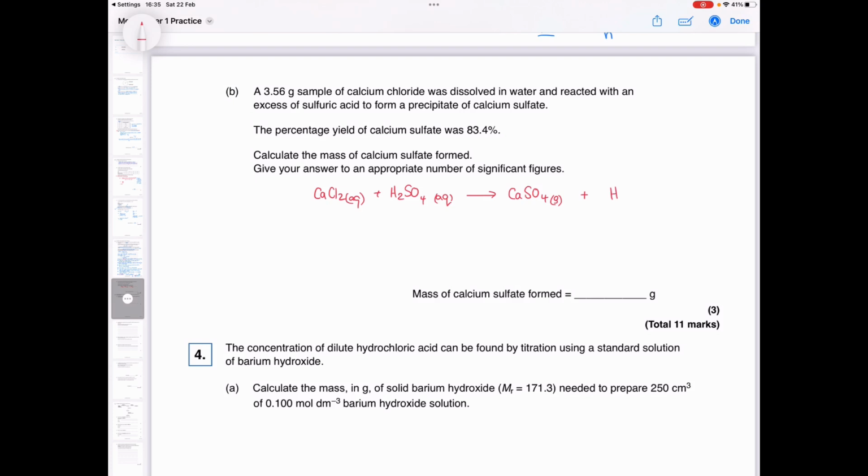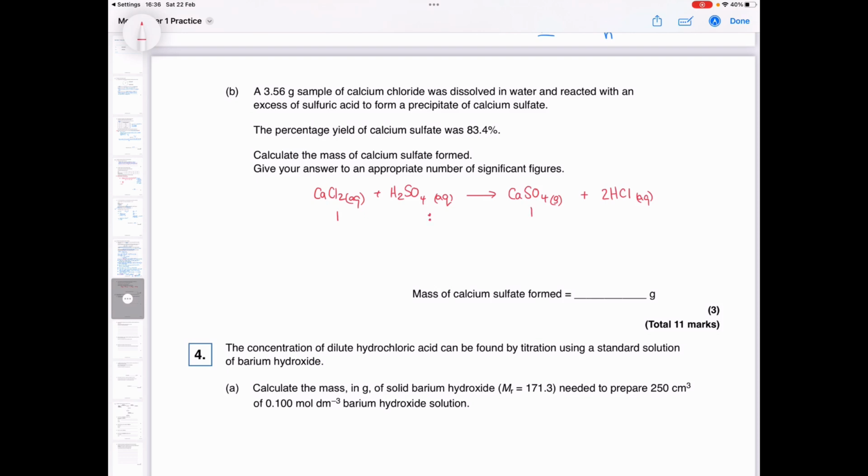Oh, hang on a minute, what is it going to produce? So sulfuric acid is going to form 2 HCl aqueous. There we go.